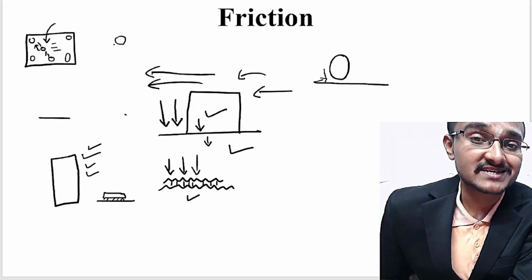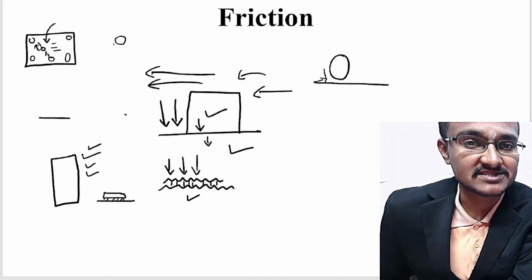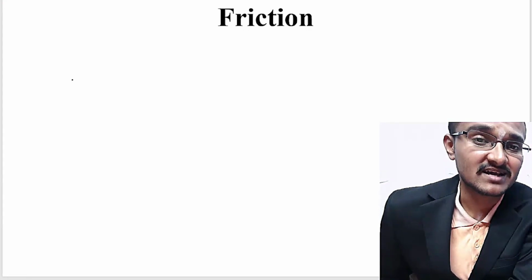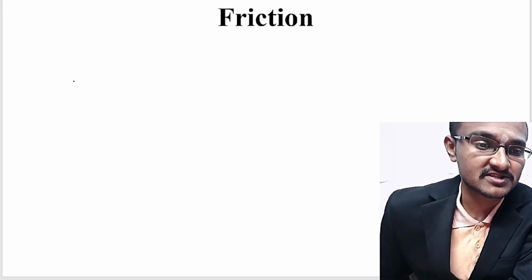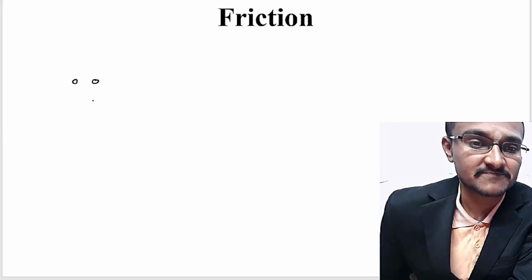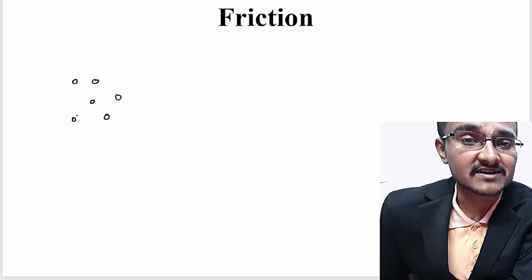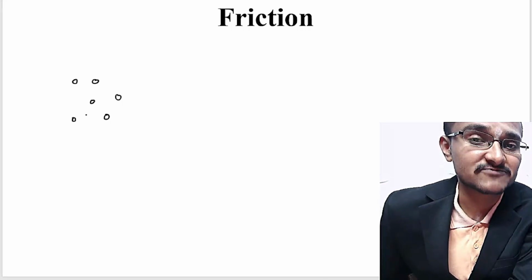That's why people use engine oil inside an engine to reduce the friction. You might also have seen that in most engines and in most vehicle construction, they use a lot of ball bearings. Why? Because when you use ball bearings between any junction, the friction between those two objects is reduced.